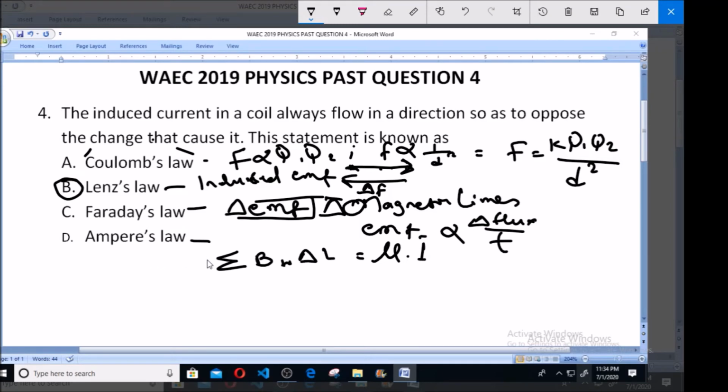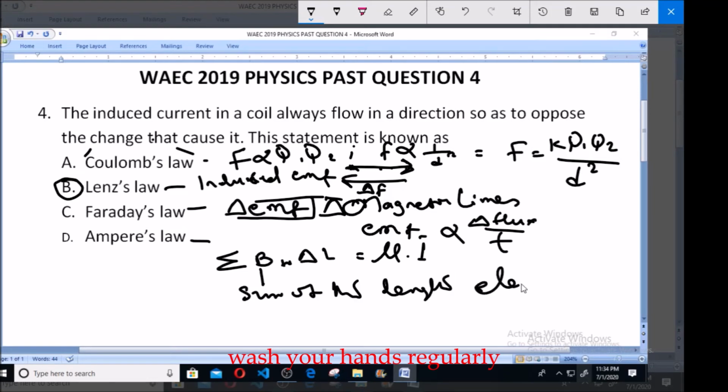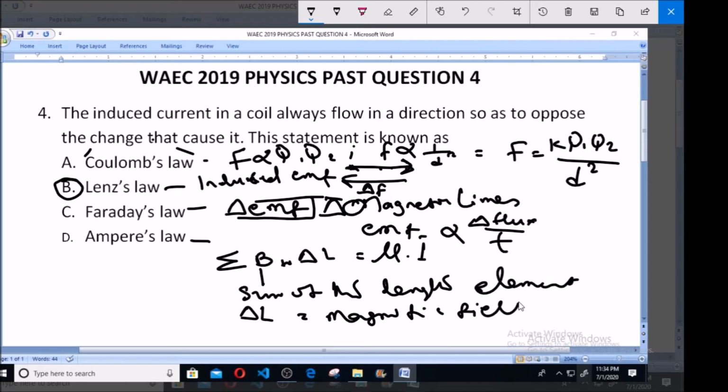Very importantly, the sum of B dot L: L here is the length element, B is the magnetic field in the direction of the length of the element, then this is the permeability, and finally I is the what? Electric current.